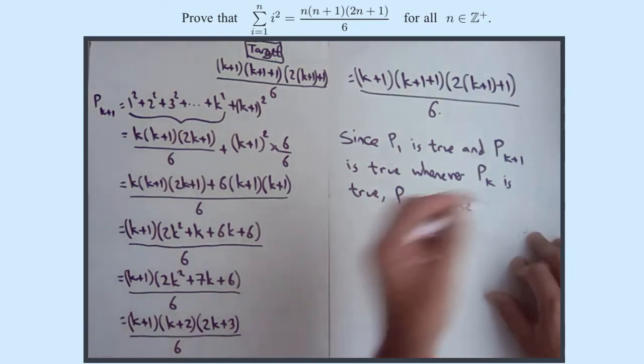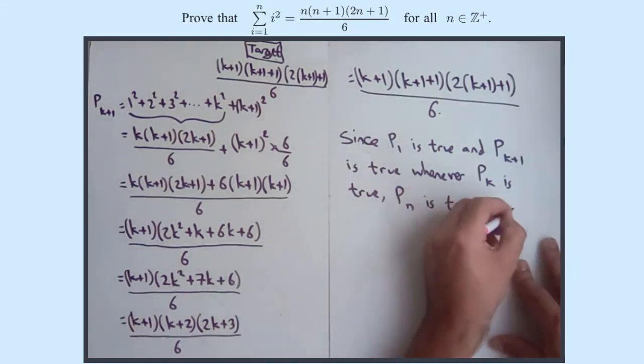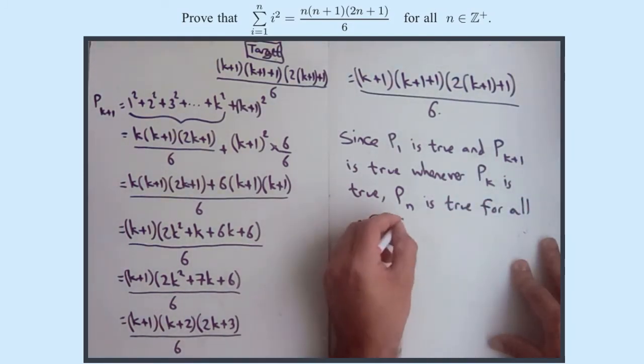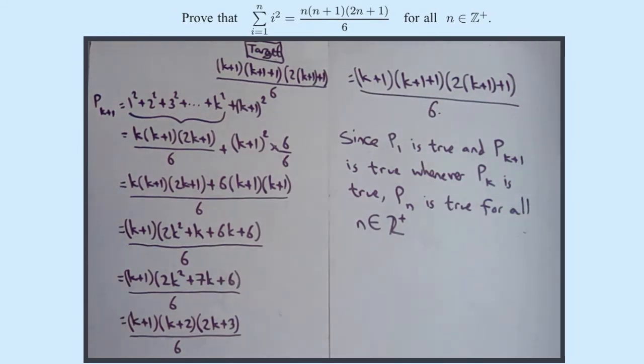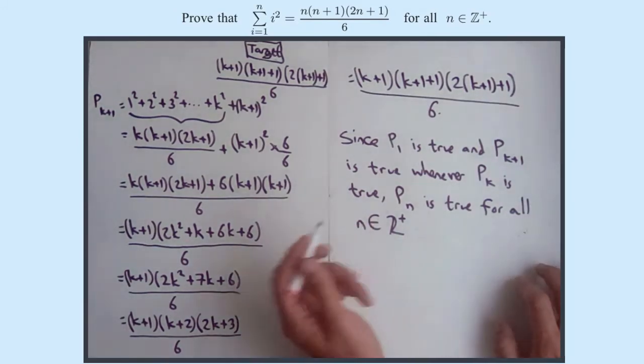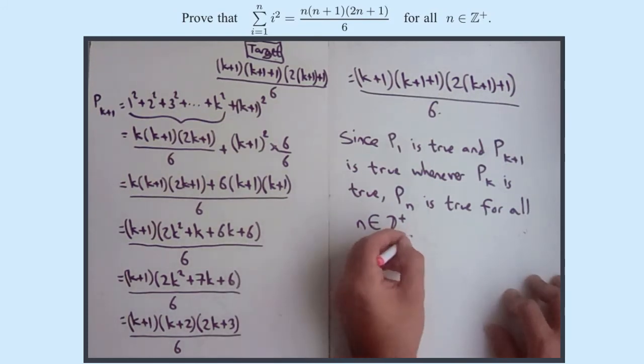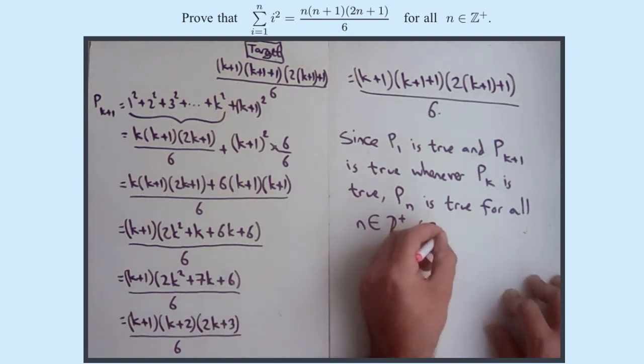You need to say what it's true for, and it was all positive integers n, because it's a series, and that's the natural domain of a series anyway. For all positive integer n, and this is because of the principle of mathematical induction.